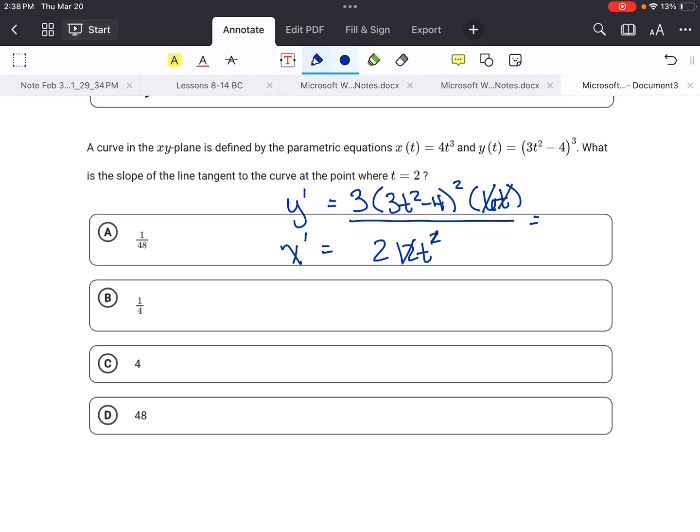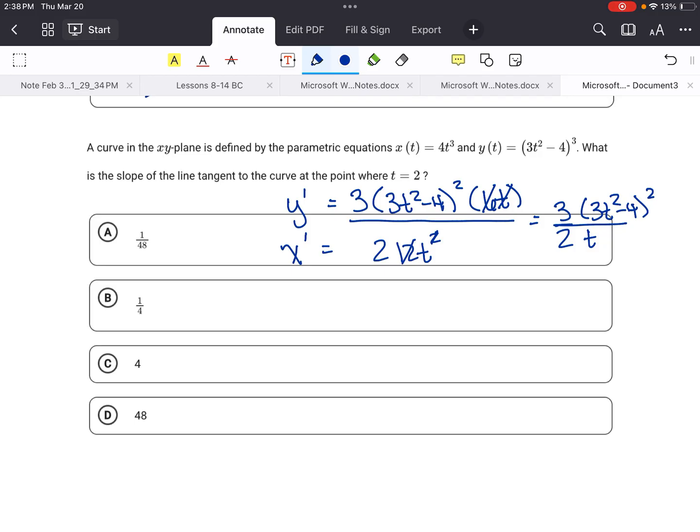I don't know the best way to write this, probably 3 times 3t squared minus 4 squared over 2t if you simplify it a little bit. And I want to know this one, t equals 2.